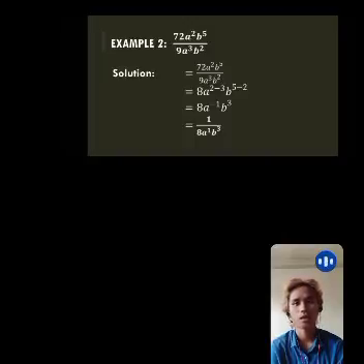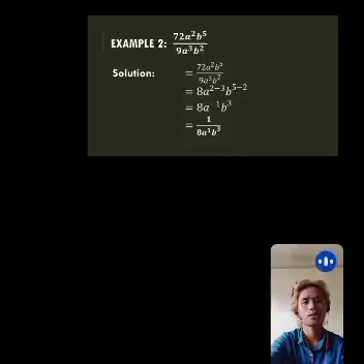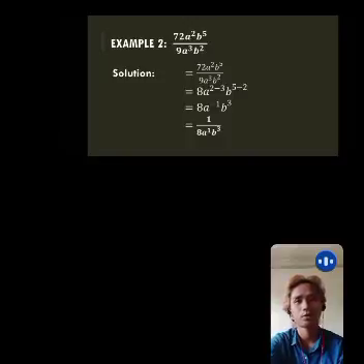That is 2 minus 3 for the a, and for the b, 5 minus 2. So we have 8a raised to negative 1 and then b raised to 3. To make the negative exponent positive, we need to move it to the other side of the fraction. That is 1 over 8 a raised to 1 b cubed. Okay, so I hope you got the explanation for that example.